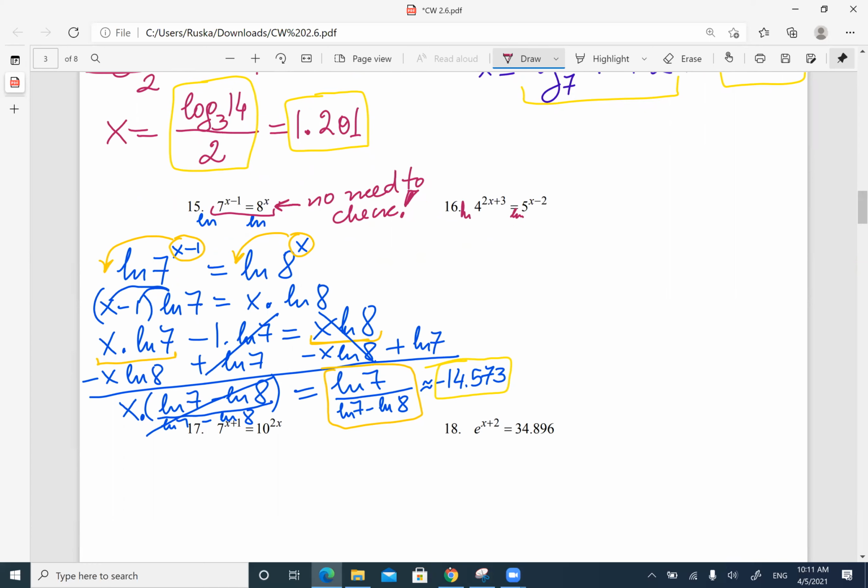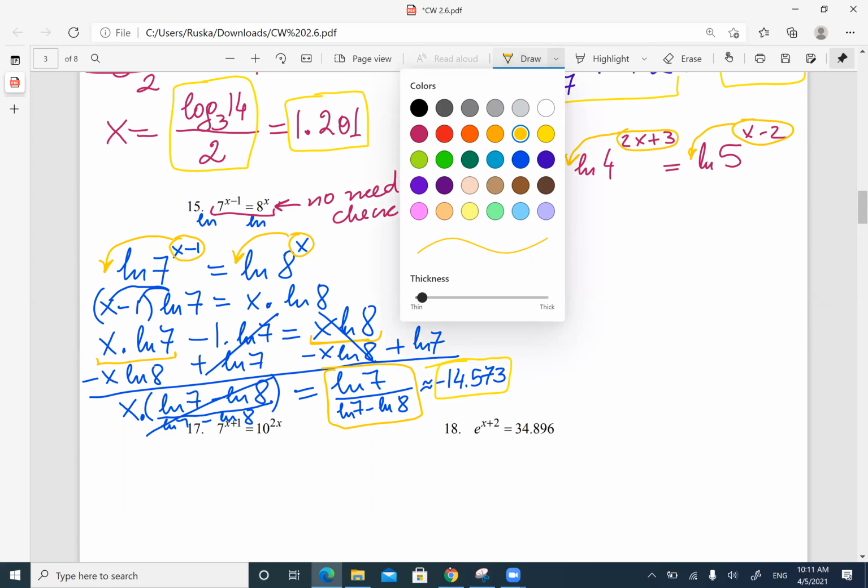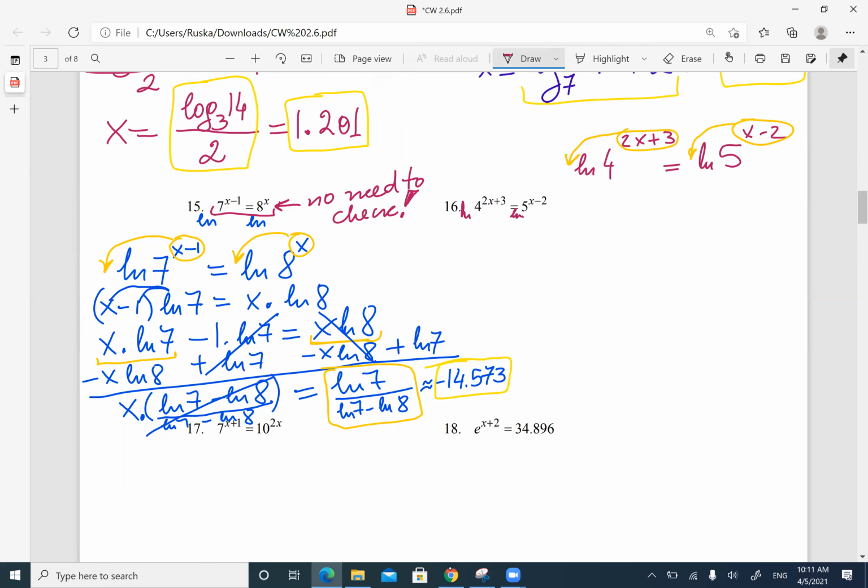So I'm going to start writing here: ln of 4 to the 2x plus 3 equals ln of 5 to the x minus 2. Now the exponents are going to go in front of the ln, right? So we're going to get 2x plus 3 times ln 4 equals x minus 2 times ln 5.